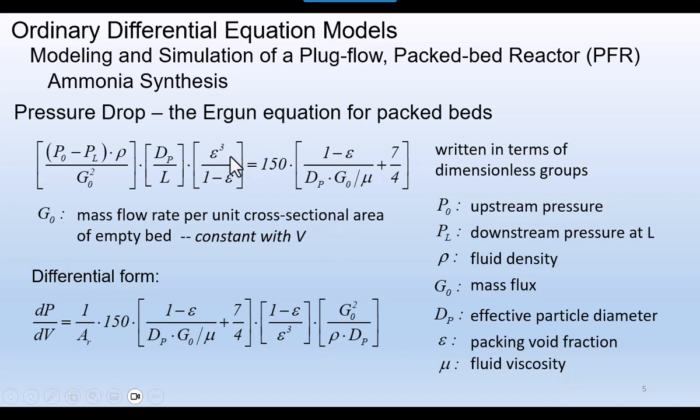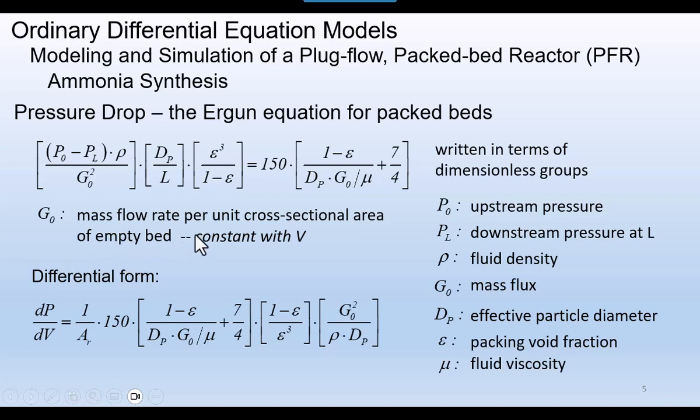And we have our void fraction again here. We have the diameter of the particle now, not the diameter of the bed. We have pressure difference over the bed, density of the gas, and we have the mass flux, which is defined as the mass flow rate over unit cross-section area of the empty bed.